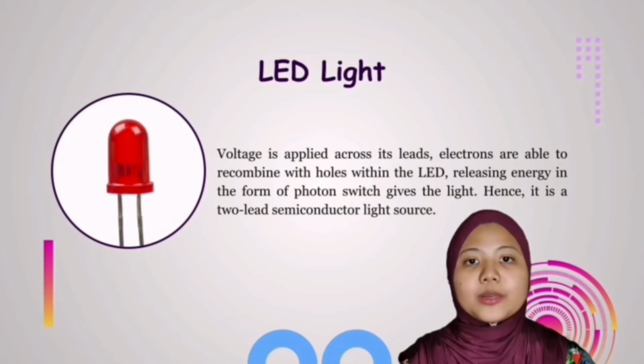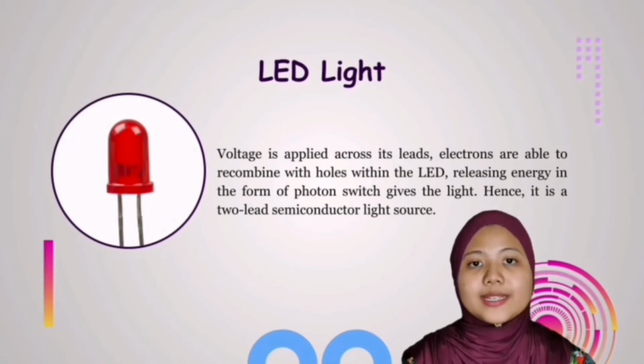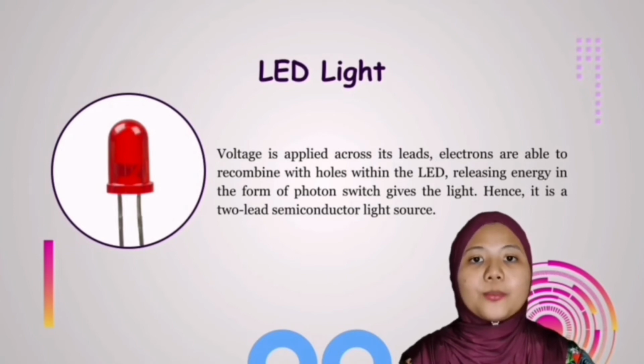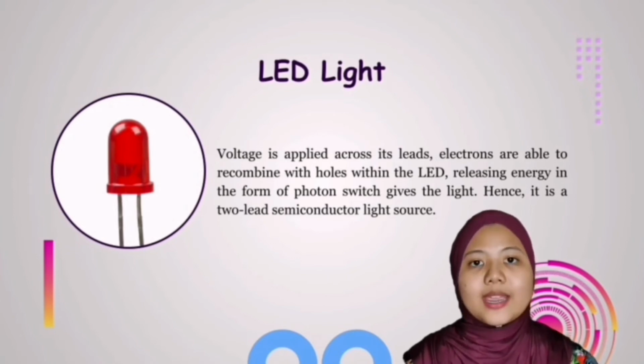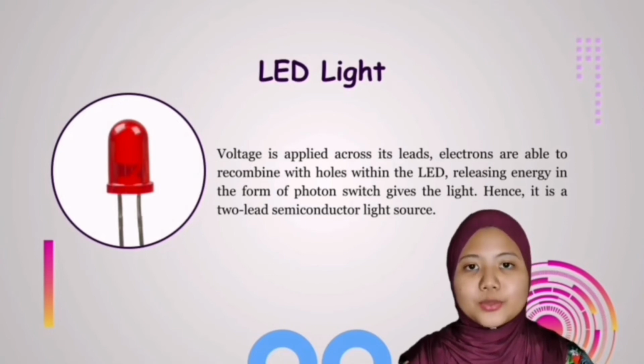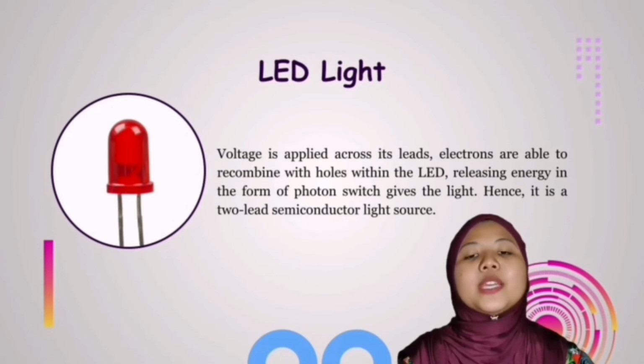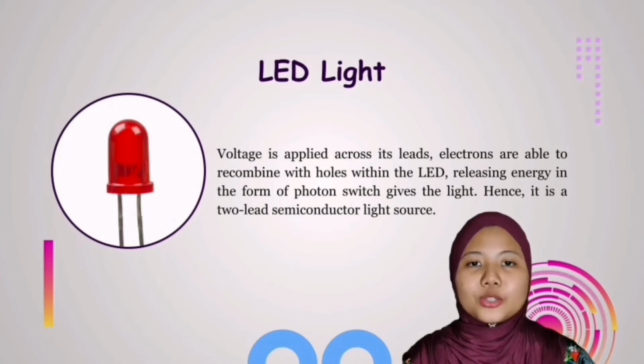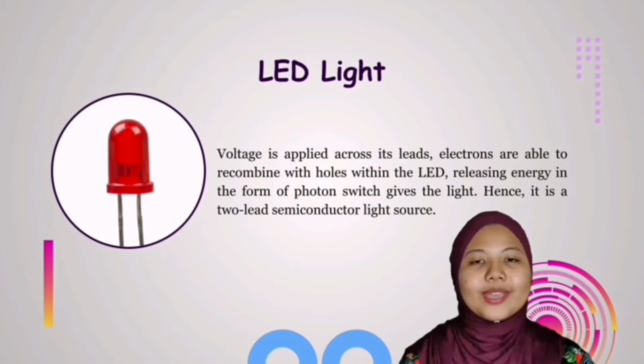When we apply voltage across its leads, the electrons recombine with the holes within the LED, releasing energy in the form of photons to give light. Hence, it is a two-lead semiconductor light source.